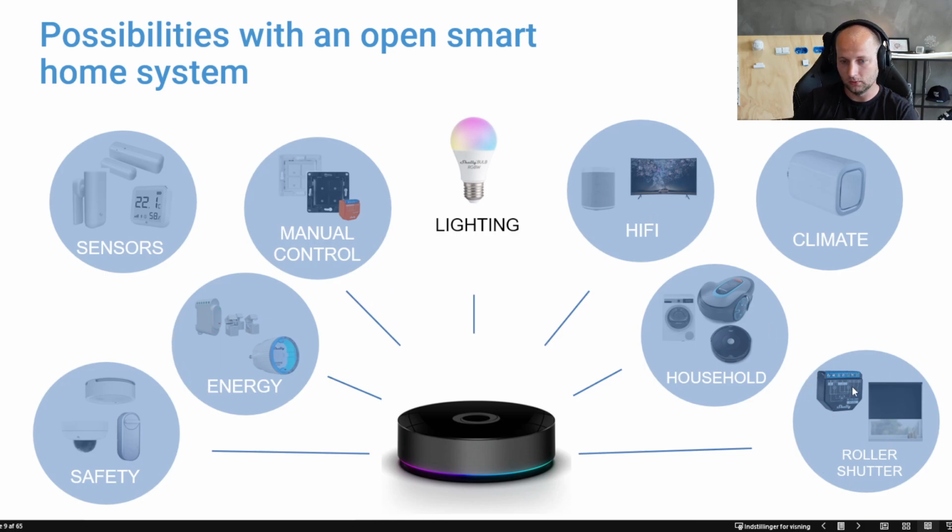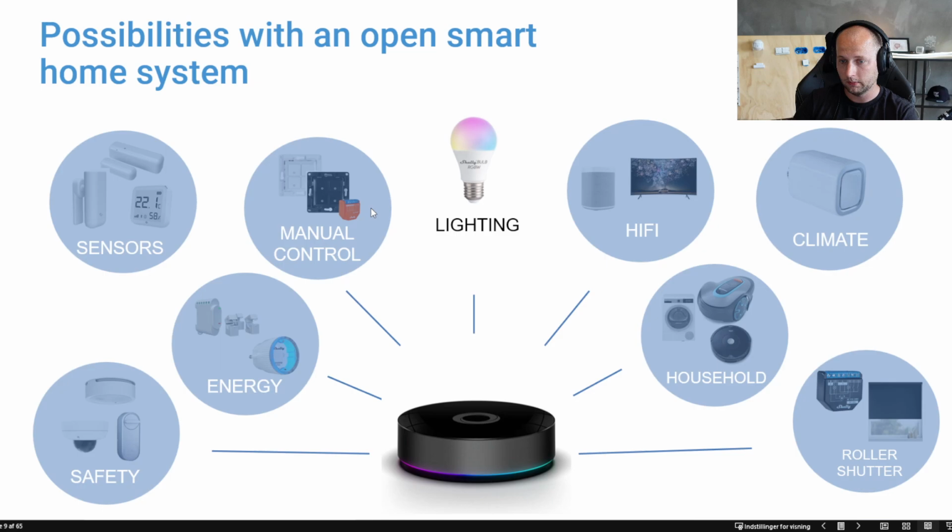So meaning you can do roller shutter control, you can control your household appliances like your vacuum cleaner, your washing machine, dishwasher, whatever, intelligently, your climate, meaning heat pump, radiator thermostats, underfloor heating, etc., hi-fi, smart television, Sonos speakers. You have the lighting, your manual controlling, which is also important, that you have the flexibility to always reprogram your wall switches so you can adapt the functionality of your wall switches to the use of the room.